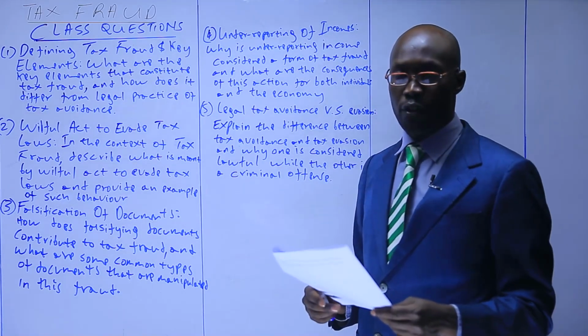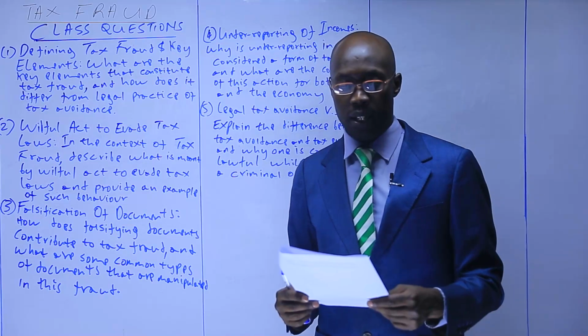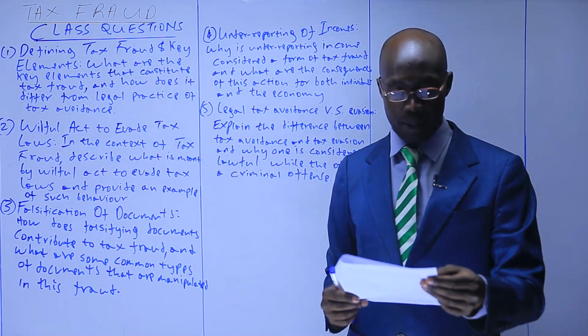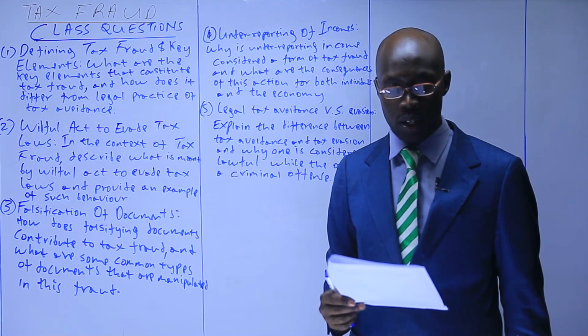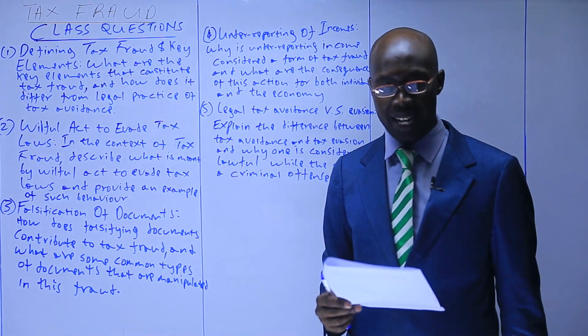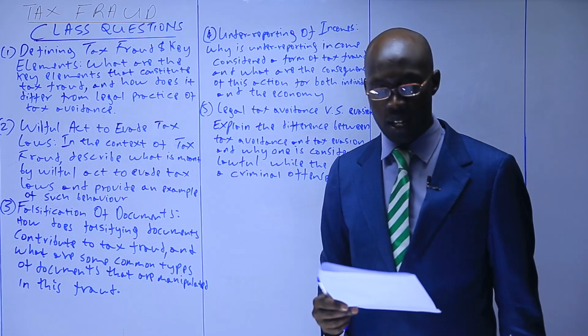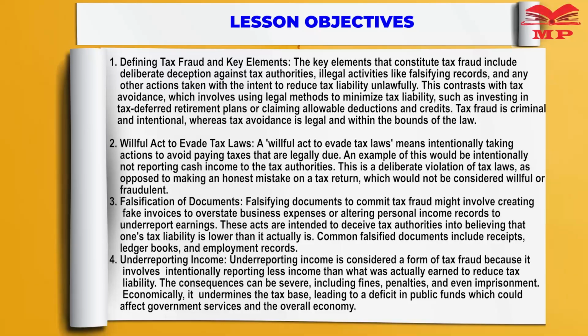Now, I want to give you the answer for that. That is, defining tax fraud and key elements. The key elements that constitute tax fraud include deliberate deception against tax authorities, illegal activities like falsifying records, and any other action taken with the intent to reduce the tax liability unlawfully.